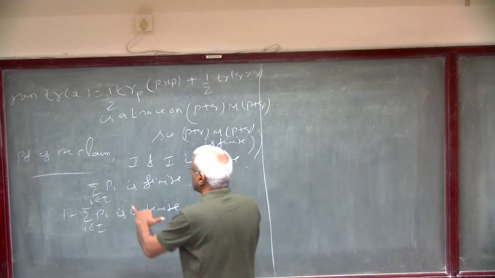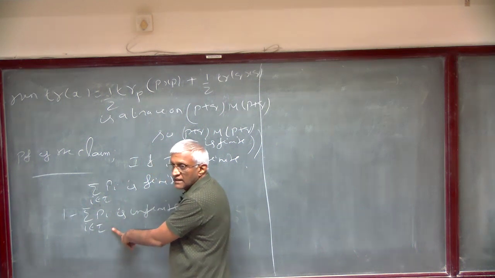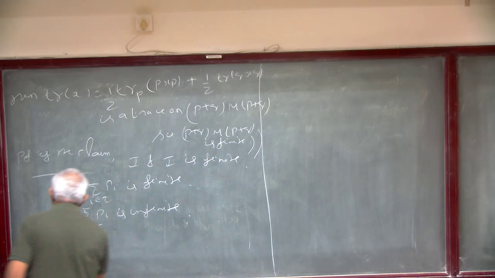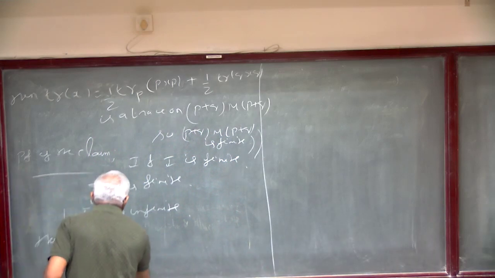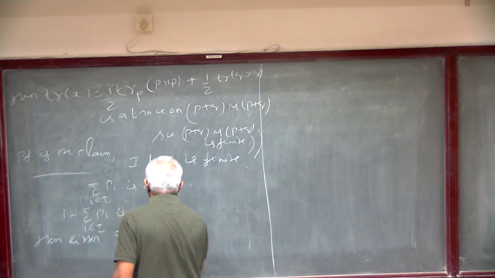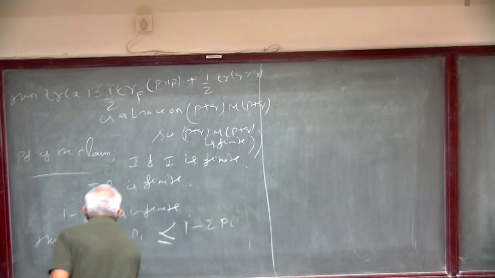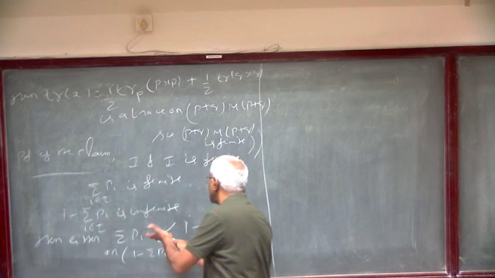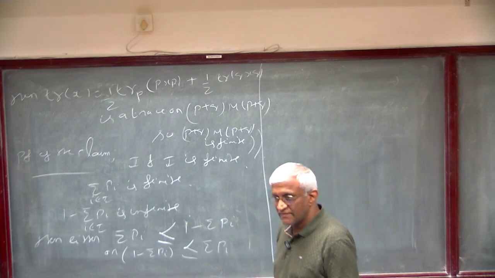But we are assuming M is a factor. So either summation Pi is less than or equal to 1 minus summation Pi, or 1 minus summation Pi is less than or equal to summation Pi. This is not the usual less than or equal to, it is the curved partial order we used, which is a total order.